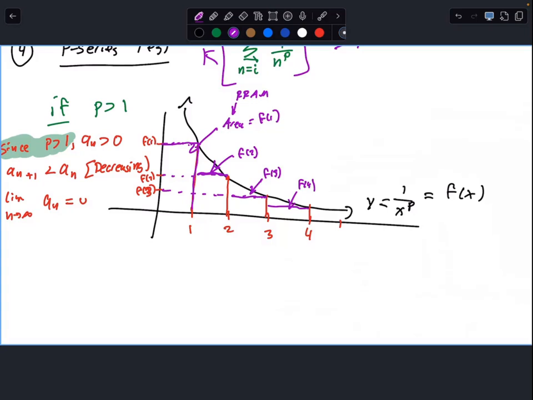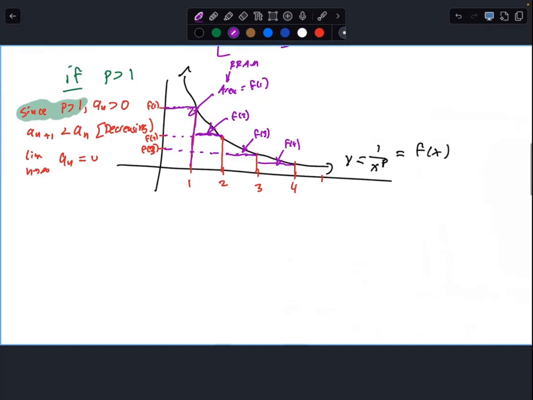Let's say now that we want to calculate the sum from n equals 1 to infinity of 1 over n to the p.